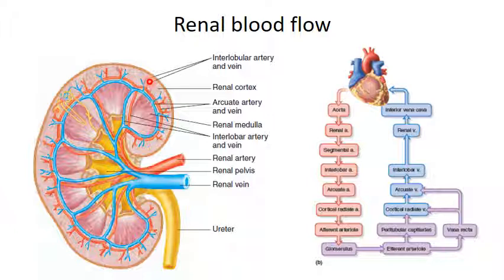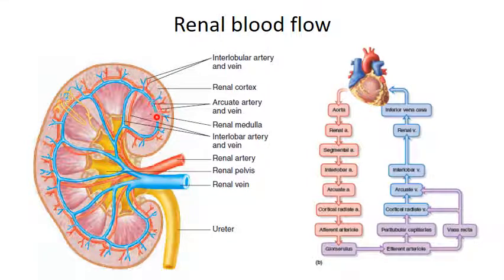The peritubular capillaries surround the renal tubules. Then from the peritubular capillaries, the blood is drained into the interlobular vein. This vein runs parallel to the interlobular artery.